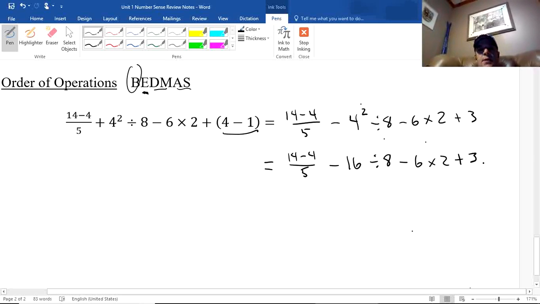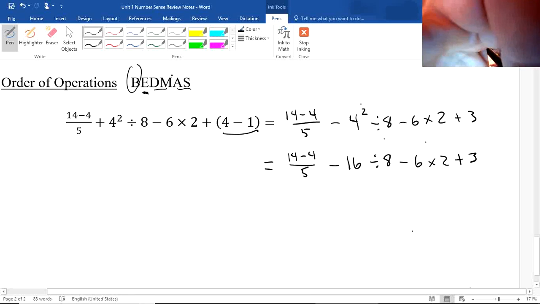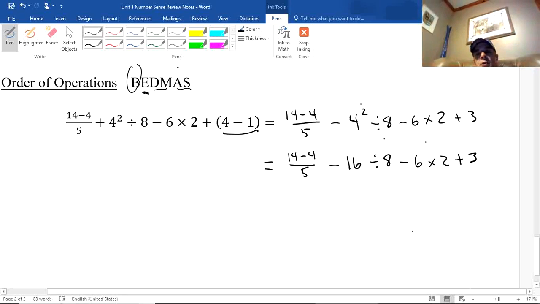Now, the next thing it says you have to do is division, multiplication, addition, or subtraction. Now, there's a little tricky one here. I purposely put it in, this is technically division right here, but I have a subtraction above. Well, I can't do this division until that subtraction is dealt with.